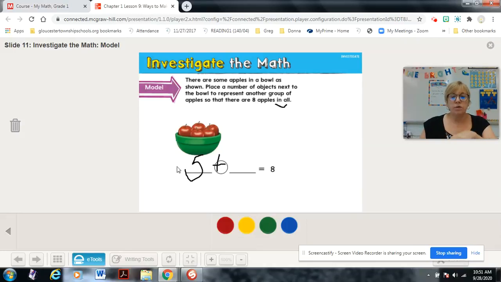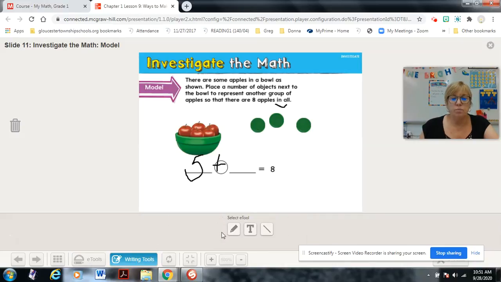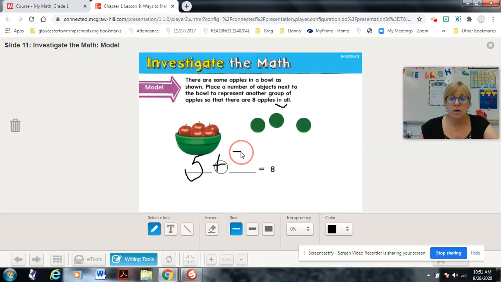All right, so there's already 5 in the bowl. 6, 7, 8. All right, so how many apples? 1, 2, 3. All right, so now I'm going to write 3. So that tells me 5 plus 3 equals 8.